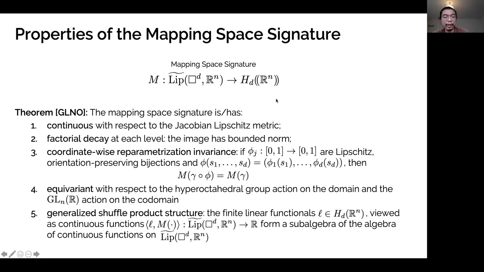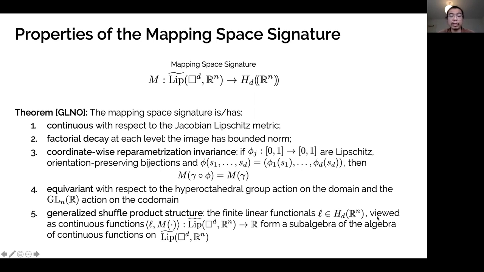And lastly, we also have an internal algebraic structure of these monomials, which is a generalized shuffle product structure. In particular, we can take these finite linear functionals. Here, the single brackets mean I'm not taking power series. So these are going to be finite linear combinations of elements in here.